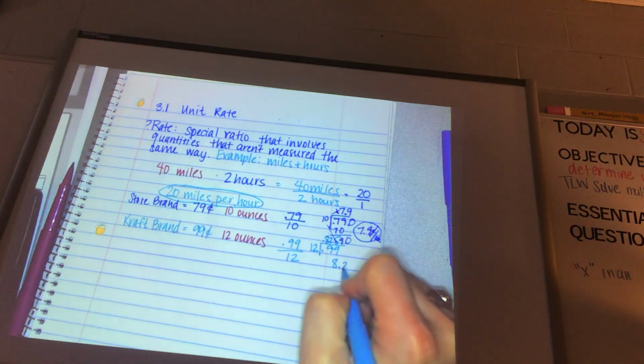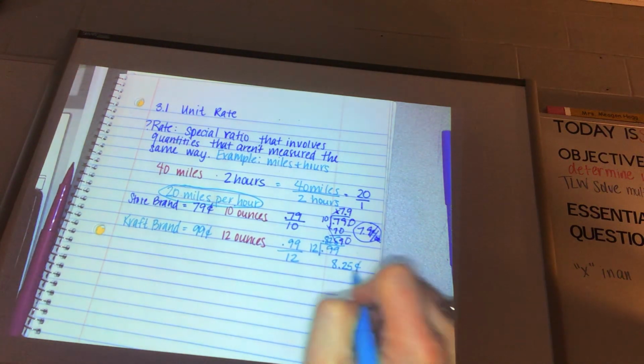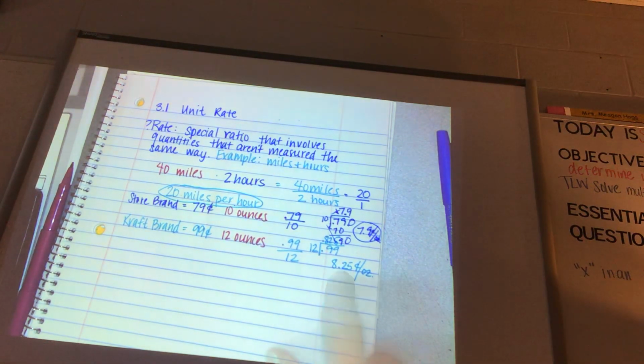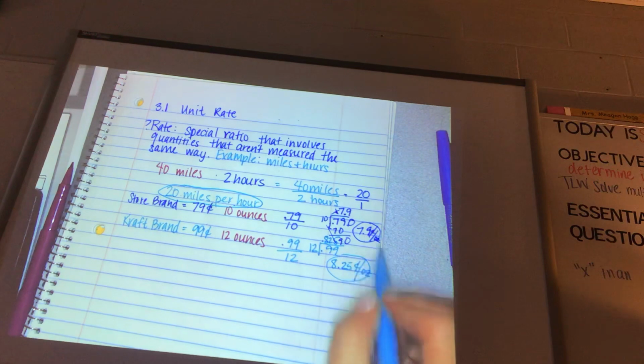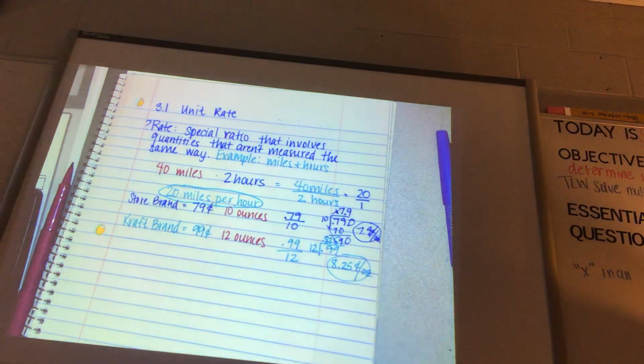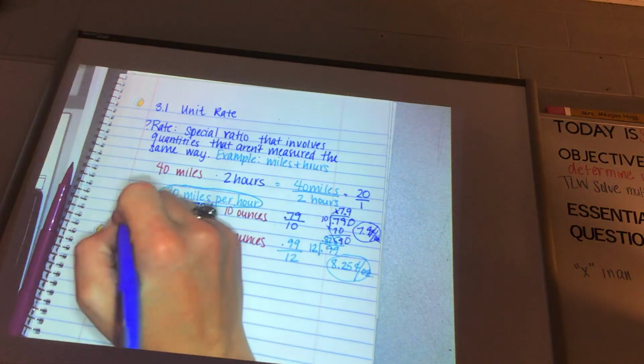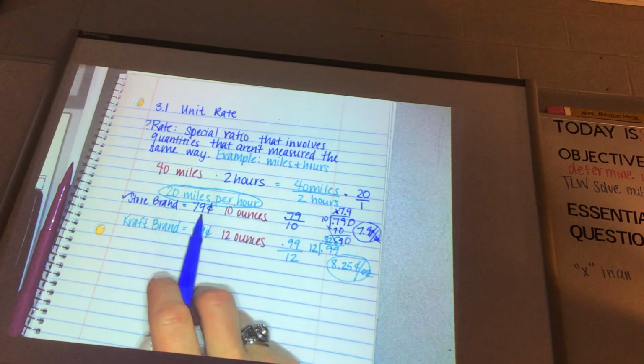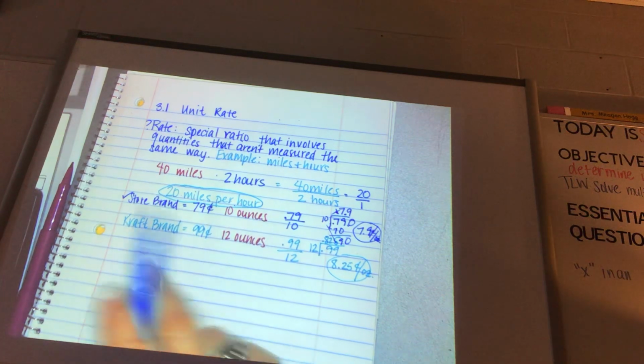Okay, so we have 8.25 cents per ounce and we have a 7.9 cents per ounce. Which one would be the better deal? Well, the store brand would be. Even though it's less ounces, the cost per ounce is cheaper than the Kraft brand. Okay, so that's a real life scenario where you're using unit rate.